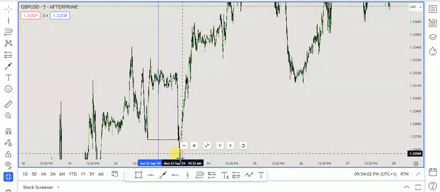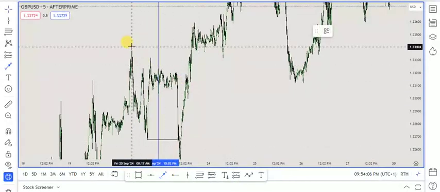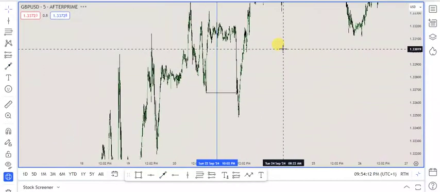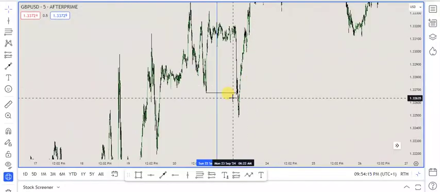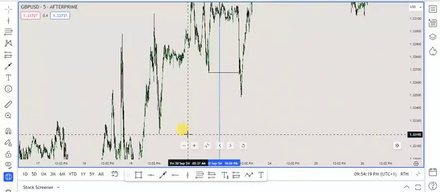Then price also took the highest point. But before that time, what happened? Let's go back a little bit. Okay, price action.